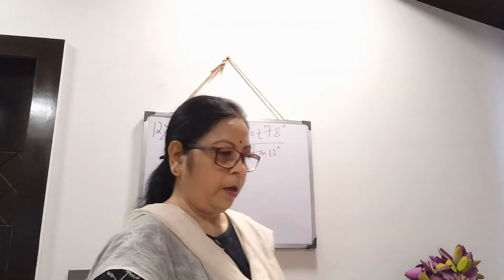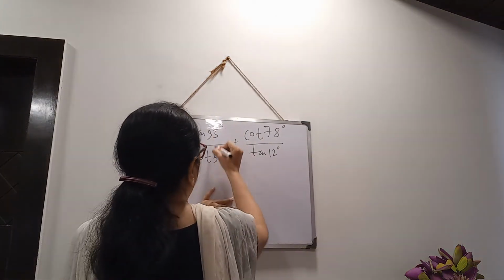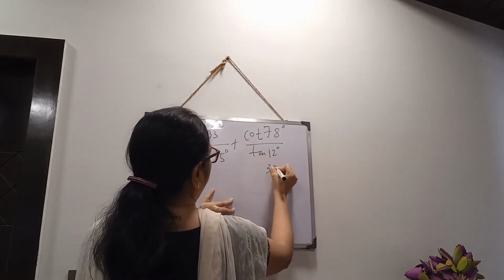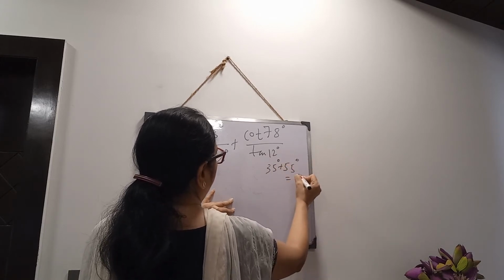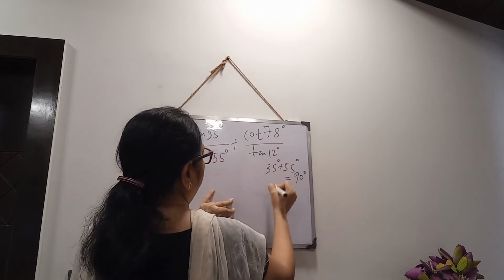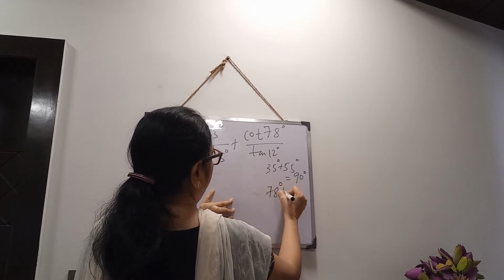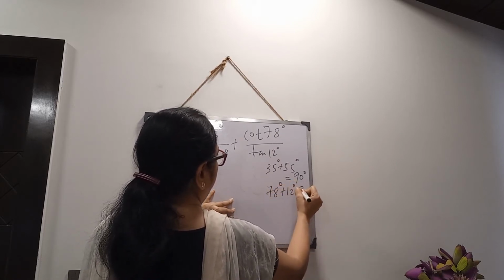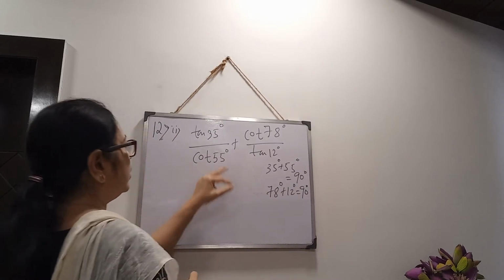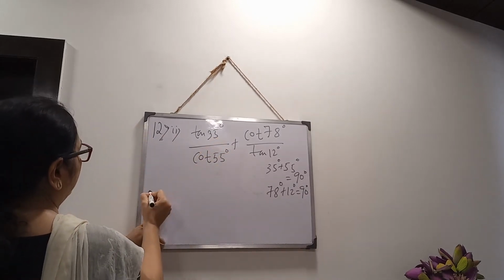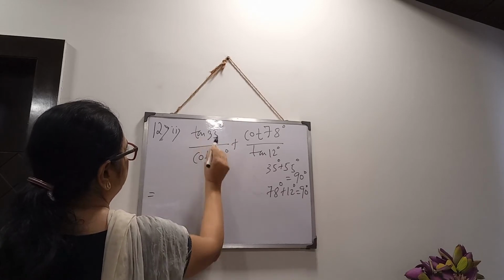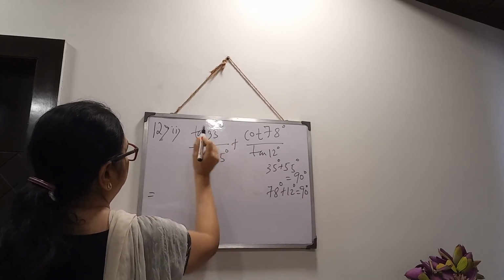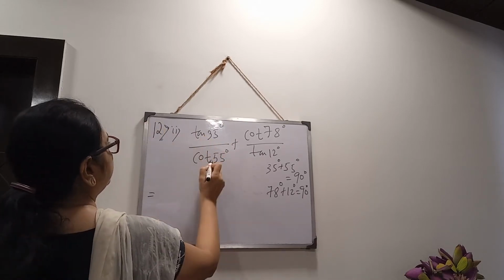Here also, first I check whether these are complementary angles or not. 35 and 55, 90, and 78 and 12, yes, 90. So they are complementary angles. Now I have told you either you convert this in terms of that or that in terms of this. Now I am converting this.